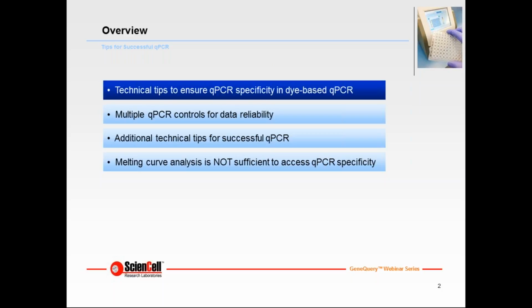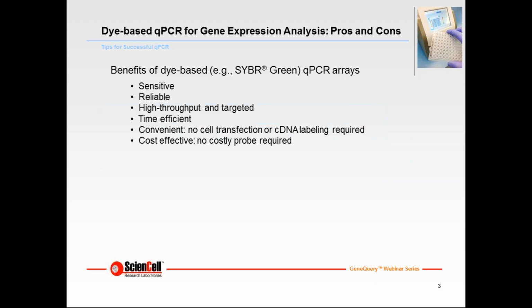First off, how can you ensure qPCR specificity in dye-based qPCR? Dye-based qPCR assays, such as SYBR Green, have many advantages in gene expression analysis. qPCR offers a sensitive, reliable, high throughput, and targeted method and serves as the gold standard in gene expression analysis.